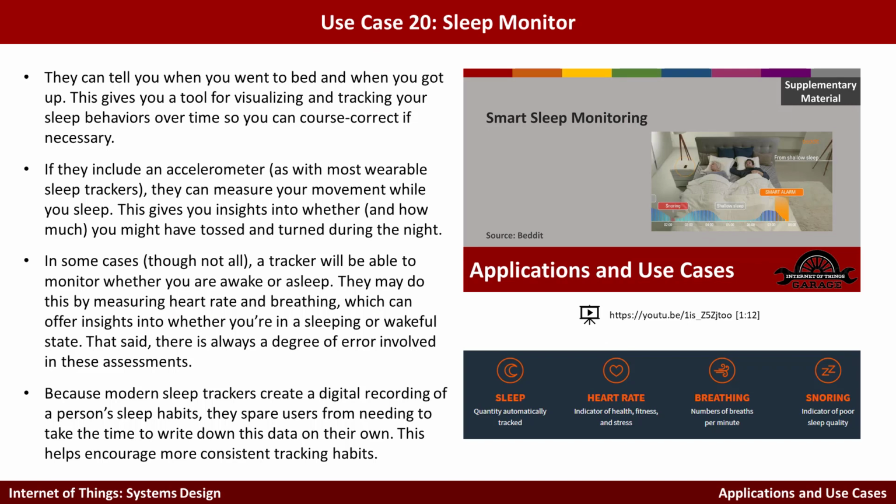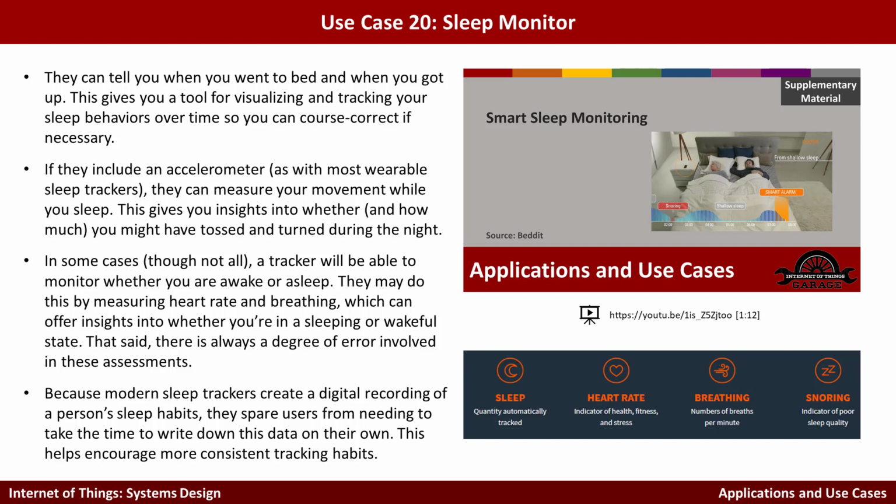This is a use case about sleep monitoring. Sleep is a very important thing, and it is important to understand how we sleep and what quality of sleep we are getting. This particular device is something that you can lay across your bed, and it has a bunch of sensors.